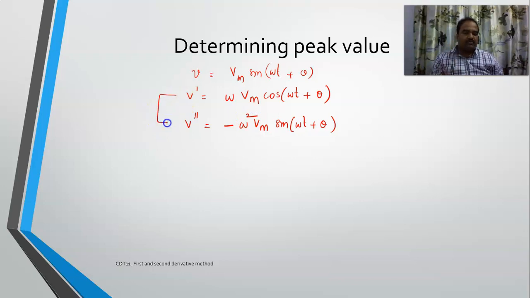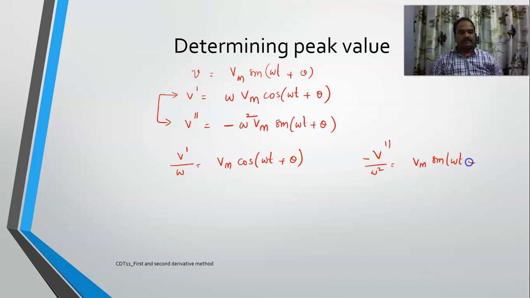If I utilize these two equations, V dash by omega is equal to Vm cos omega t plus theta, whereas minus V double dash by omega square is equal to Vm sine omega t plus theta. I will square these two equations and add them.